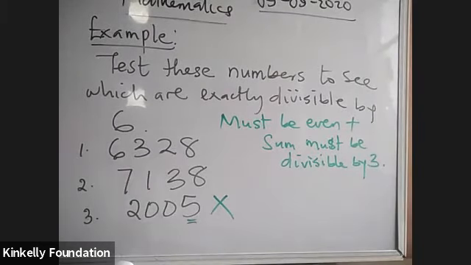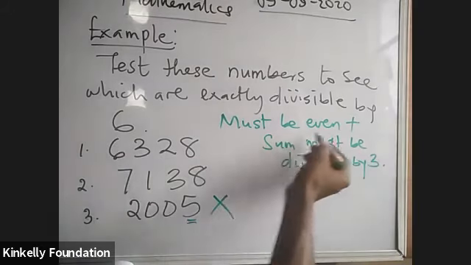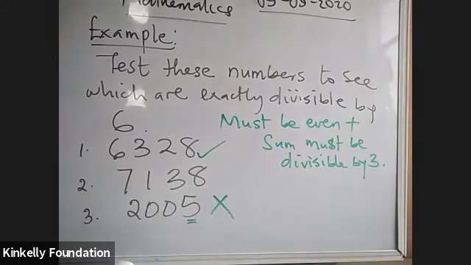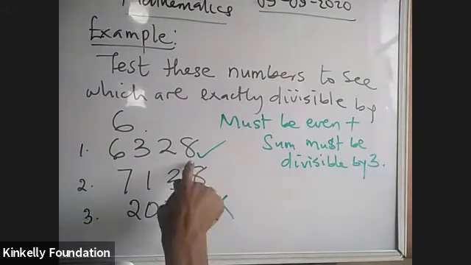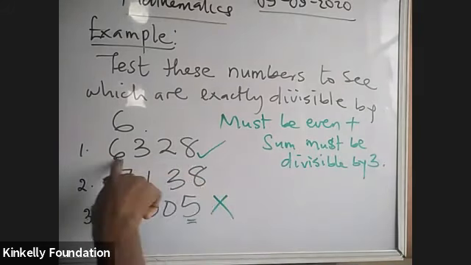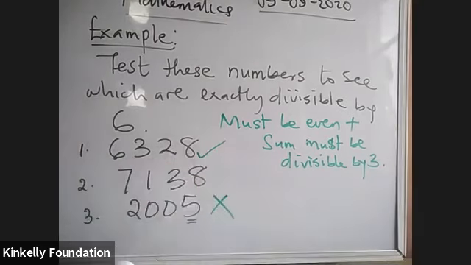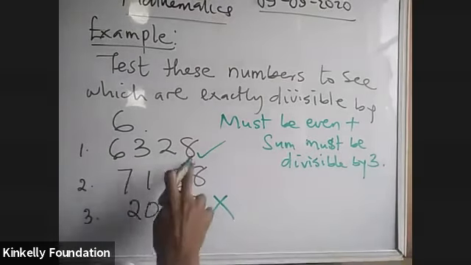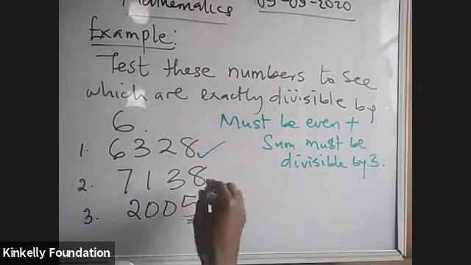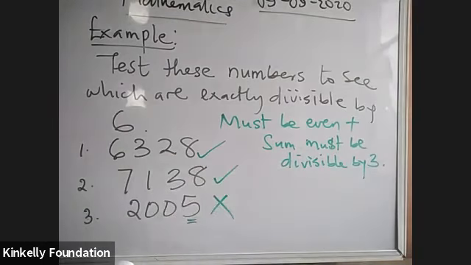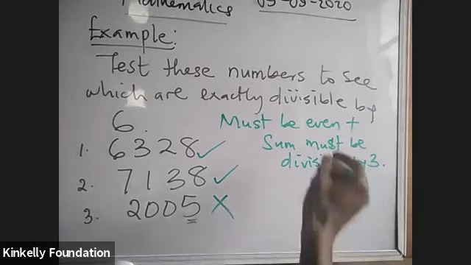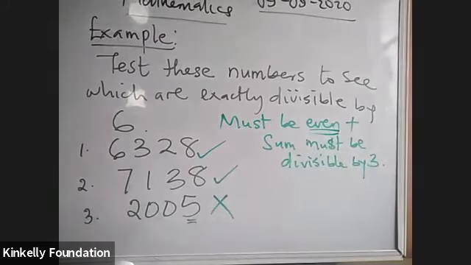Each of the rules gives a mark. For rule 1, it can be divided by 2 because this number is even. The last digit is even, and both of them satisfy the property that they must be even numbers.